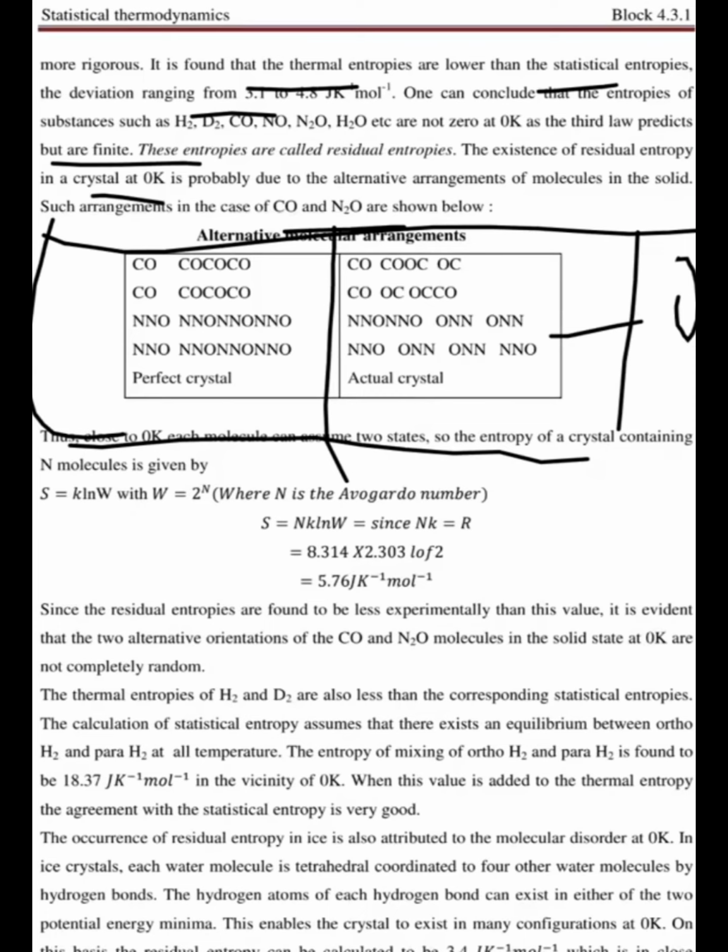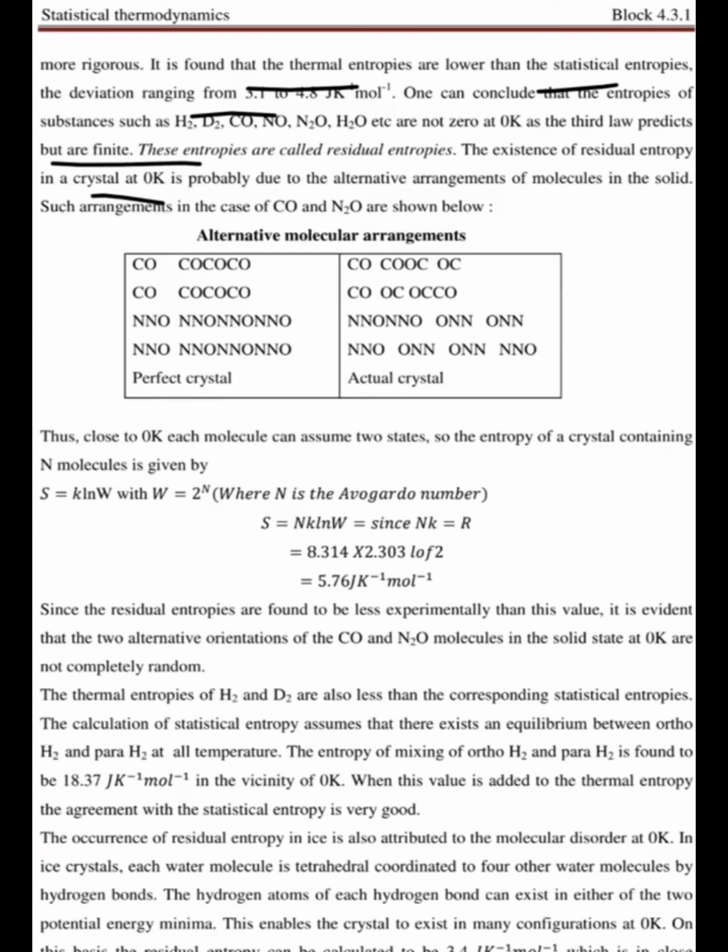So at 0 Kelvin, each molecule can assume two states. The entropy of a crystal containing N molecules, where the molecule assumes to be in the two states, is given by S is equal to k ln of W, where N is the Avogadro number, S is the entropy of the system.